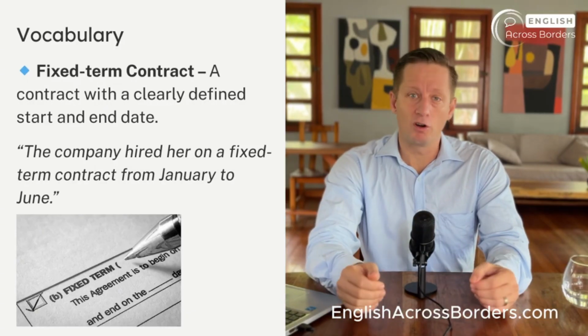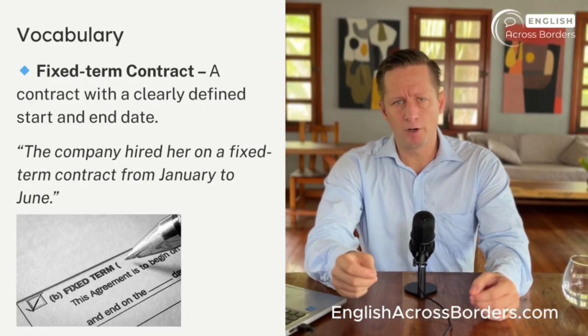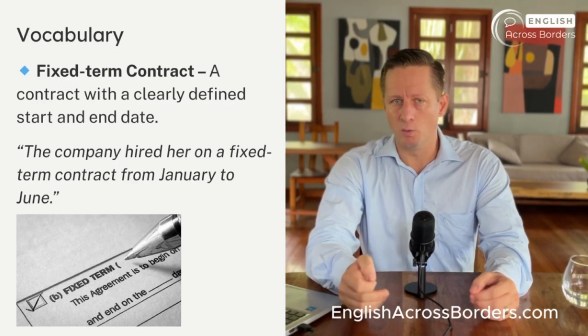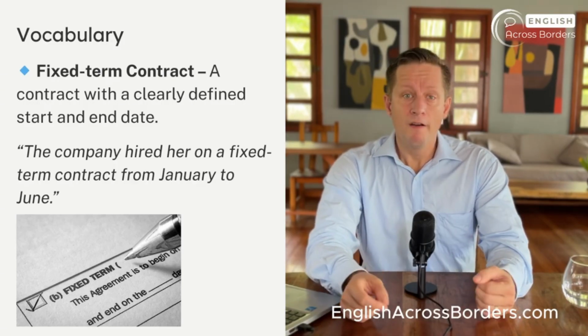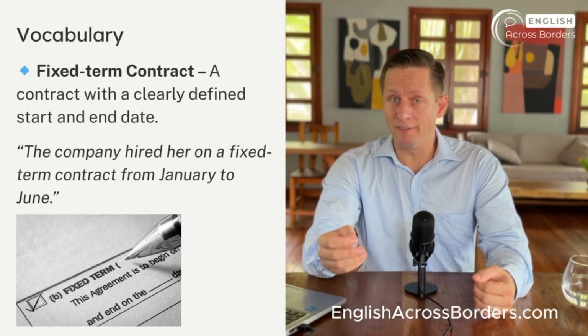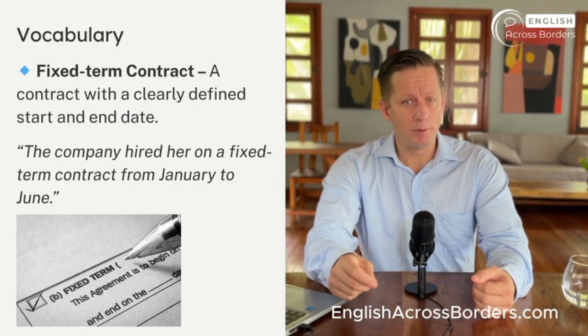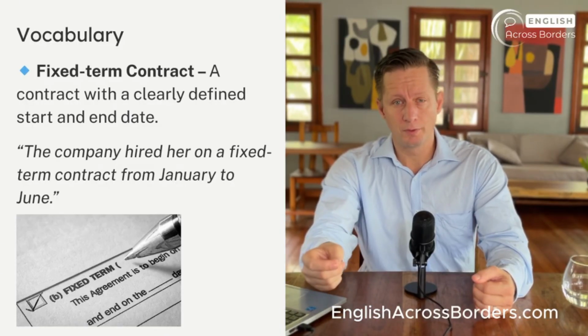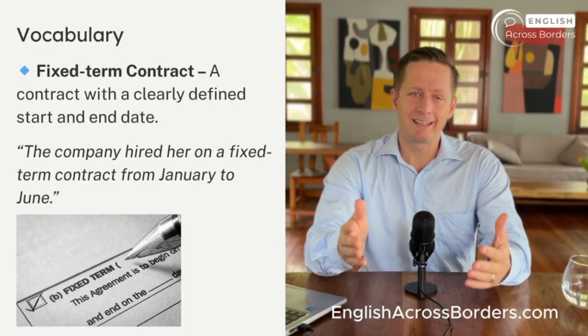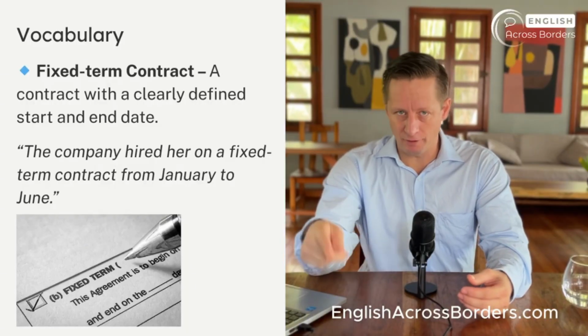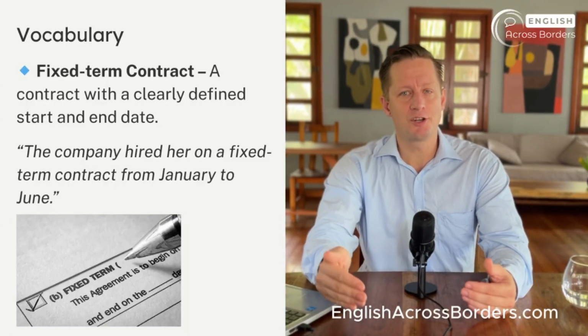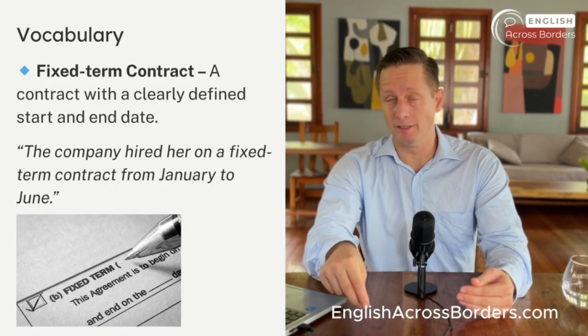Fixed-term contracts are often used for temporary projects or seasonal work. In Costa Rica, fixed-term contracts are legally valid, but they come with specific rules. Employers cannot keep renewing these contracts indefinitely without risking the contract being treated as permanent.